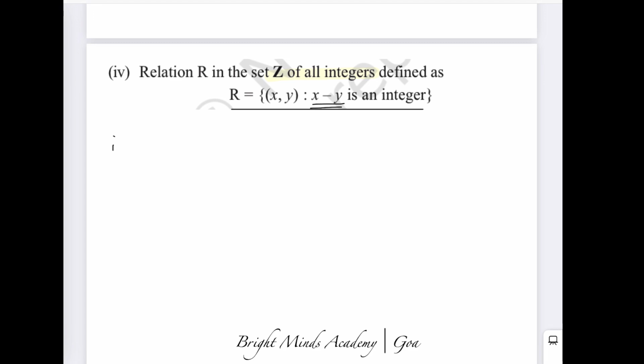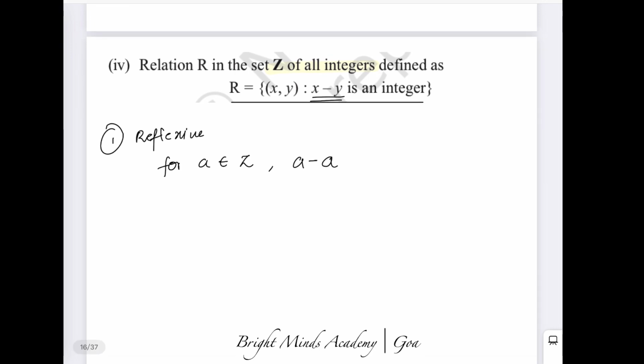Okay, now the first thing that we have to check is for reflexive behavior. So I'll just assume a belonging to the set Z, and I'll just find what is a minus a. Why am I doing a minus a? Because I have to prove that a comma a belongs to the relation R. According to the definition right here, it is the first value minus the second value, which is simply a minus a.